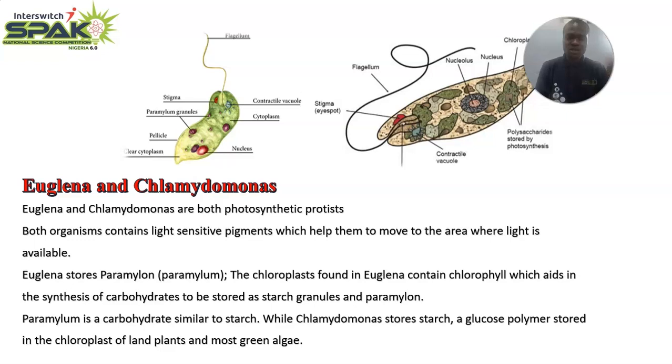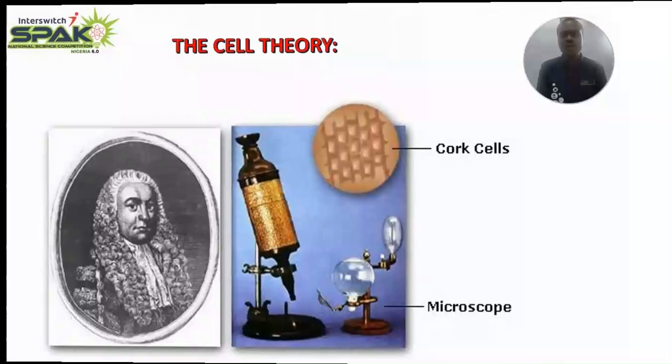While Chlamydomonas stores starch, like any other land plant, which consists of glucose units linked together by alpha-1,4 glycosidic linkage in the case of the straight chain compound. But when you are talking about the branched chain compound of starch, they are linked together by alpha-1,6 glycosidic linkage.